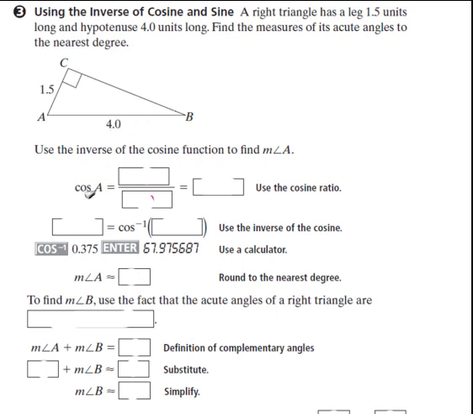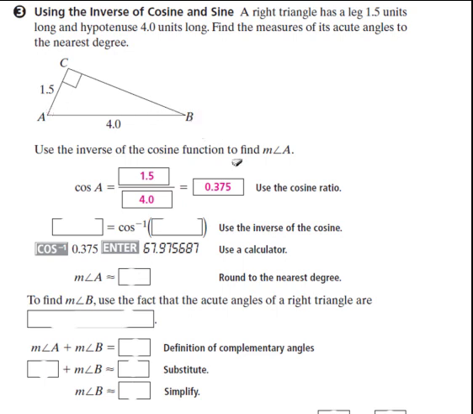So in this case, we have the short leg and we have the hypotenuse, and they're saying we're going to find A. So if we're finding angle A first, that means we have the adjacent leg and the hypotenuse, right? 1.5 and 4, and so adjacent and hypotenuse, we want to make sure that we use the cosine function. From there, we can divide 1.5 by 4, get 0.375. So that means that the cosine of whatever this angle is going to be equal to 0.375.